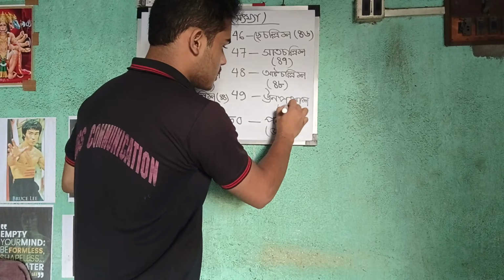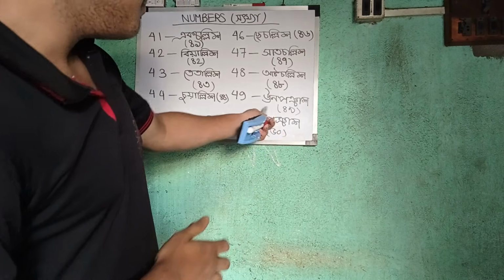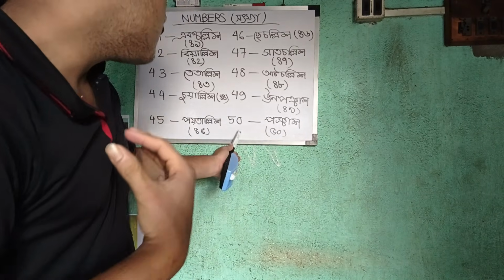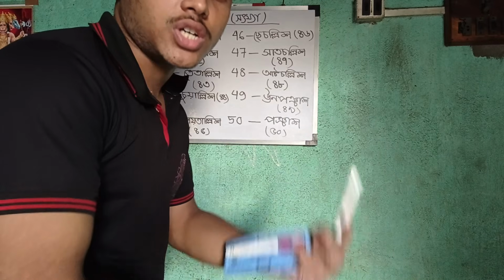So this is 4 and this is 9. 4 and 9 means ঊনপঞ্চাশ. 50 means ponchash. 49 means ঊনপঞ্চাশ.